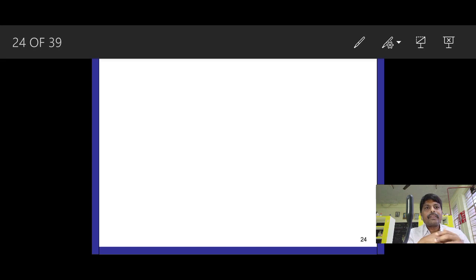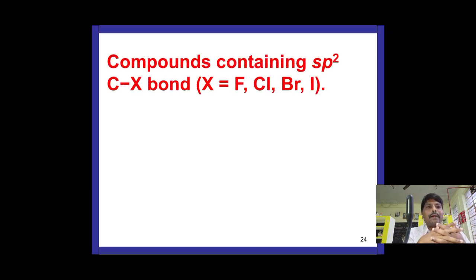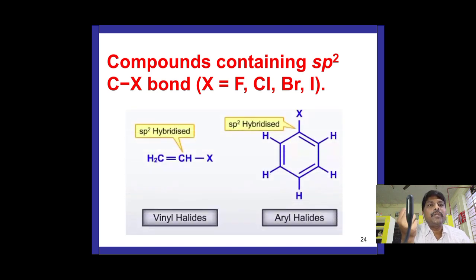Now the next classification is another type of alkyl halides which contains an sp2 carbon and X bond. That means halogen is directly attached to an sp2 carbon. These are of two types, vinyl halides and aryl halides.